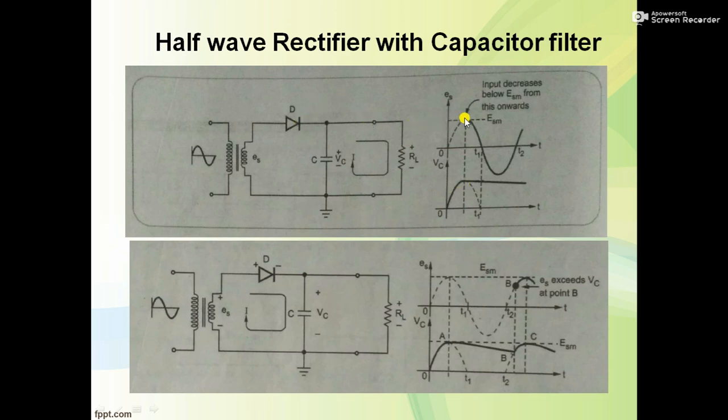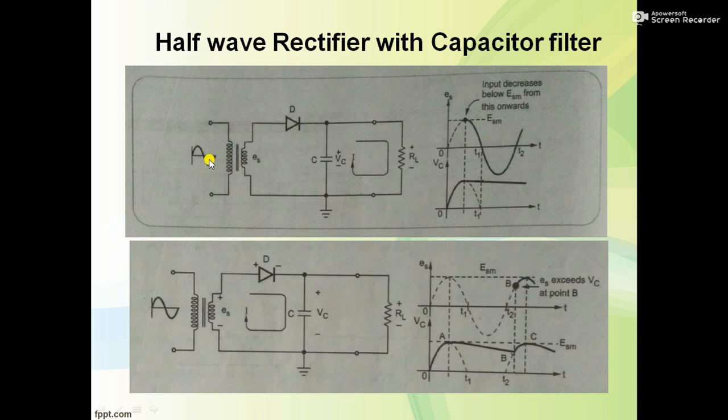When we apply this part of the signal, the secondary voltage is decreasing slowly. At that time this becomes negative to positive, the diode becomes reverse, no current flows through the diode, and no current flows through the capacitor. At that time the capacitor is in discharging condition, discharging down to this 0 level point.